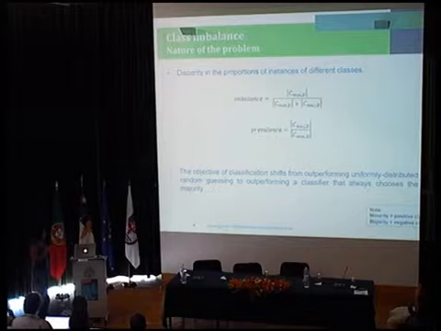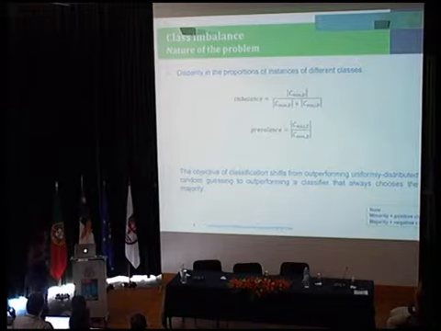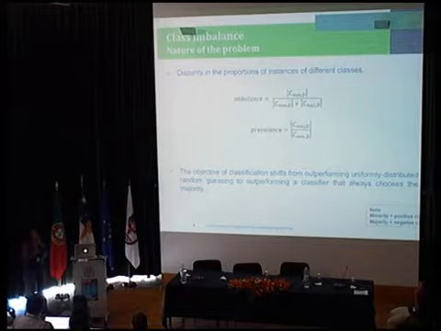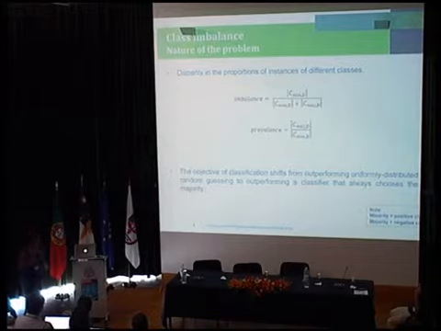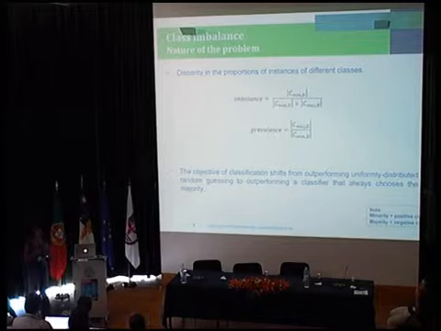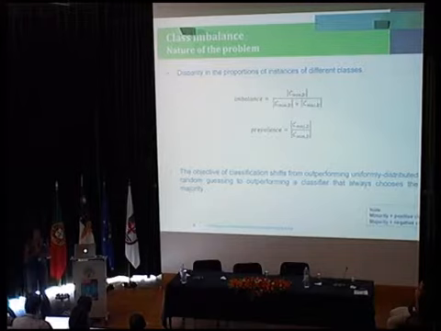Basically, the goal of the classification shifts from outperforming uniformly distributed random guessing to outperforming a classifier that always chooses the majority class, okay? Because we all know that if we have a highly imbalanced problem, okay, a classifier may have a high accuracy, but in fact it's not learning anything. It's just guessing and saying that, okay, this instance will be of the class that is more frequent in the data set.